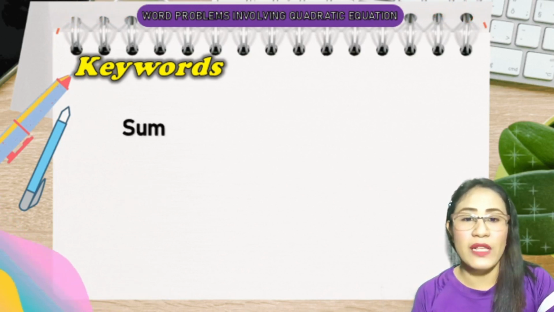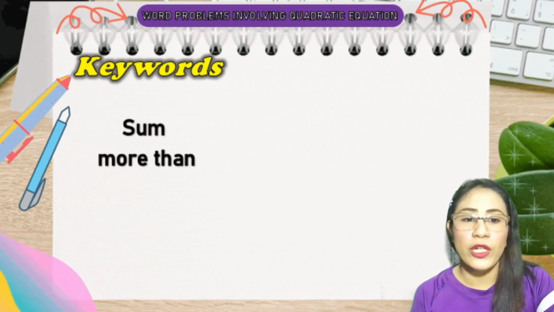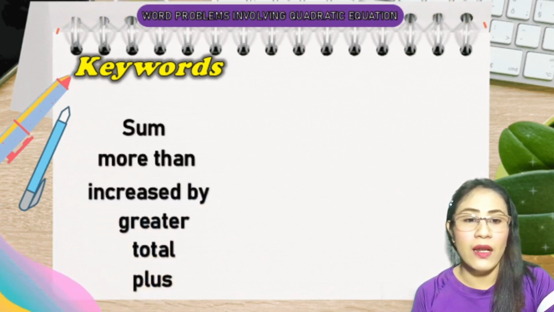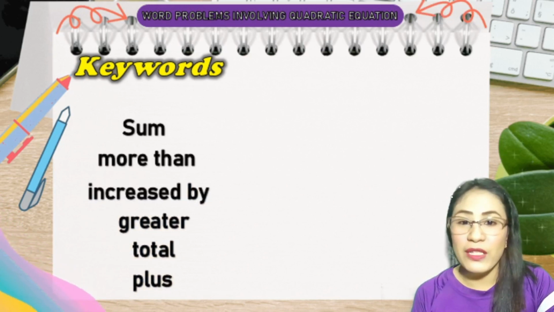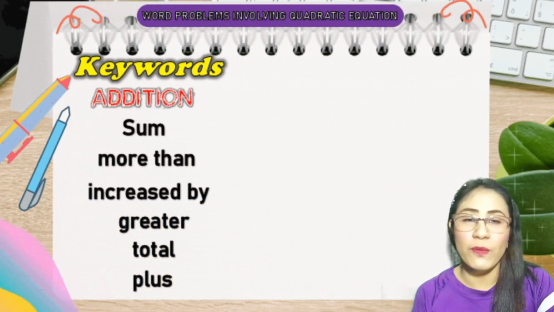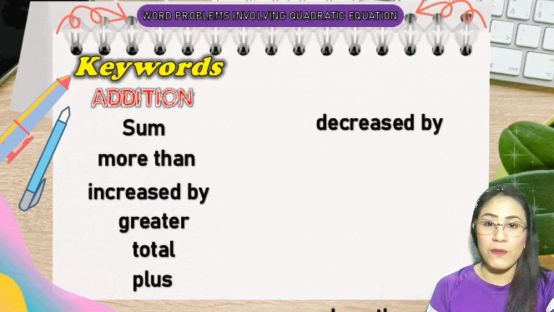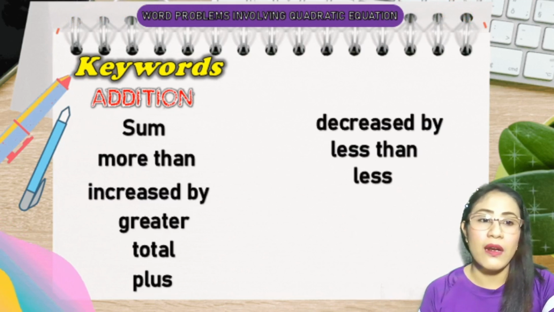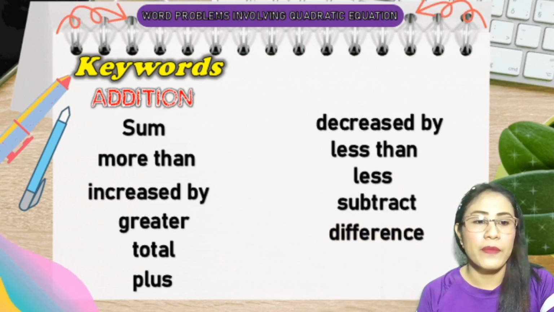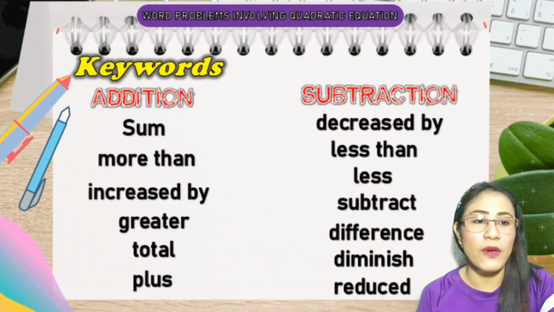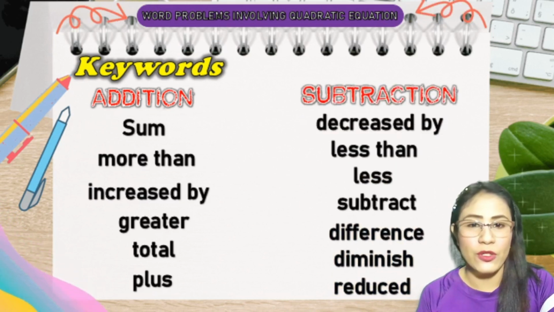So, una, we have sum, more than, increase by, greater, total, plus. So, pag nabasa nyo yan, it means the operation involved is addition. And kapag nabasa nyo yung decrease by, less than, less, subtract, difference, diminish, and reduce, it means the operation involved is subtraction.